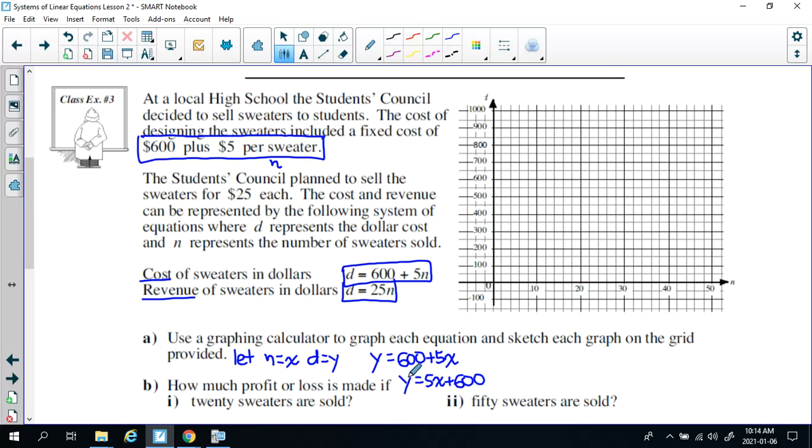Okay, so that's going to be a line that has a slope of 5 and a y-intercept of 600. And if we want to, we can write it down in terms of how we plugged it into the graphing calculator. So we're going to plug in y1 is equal to 5x plus 600.